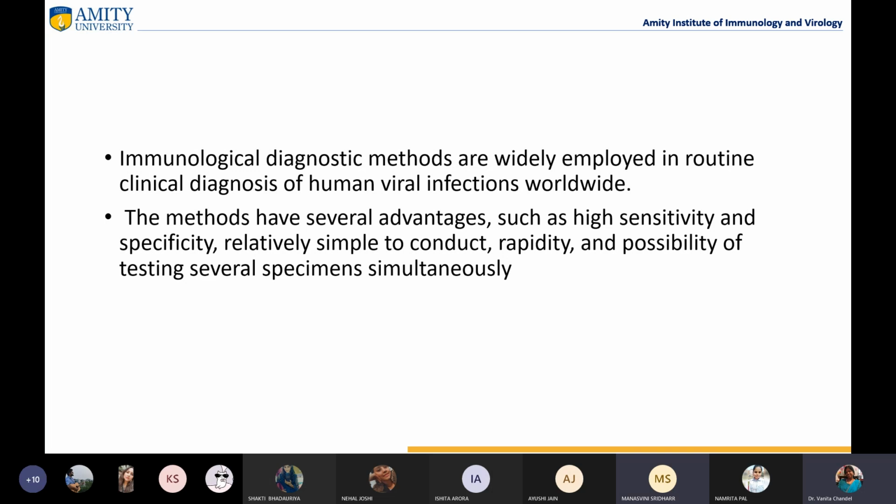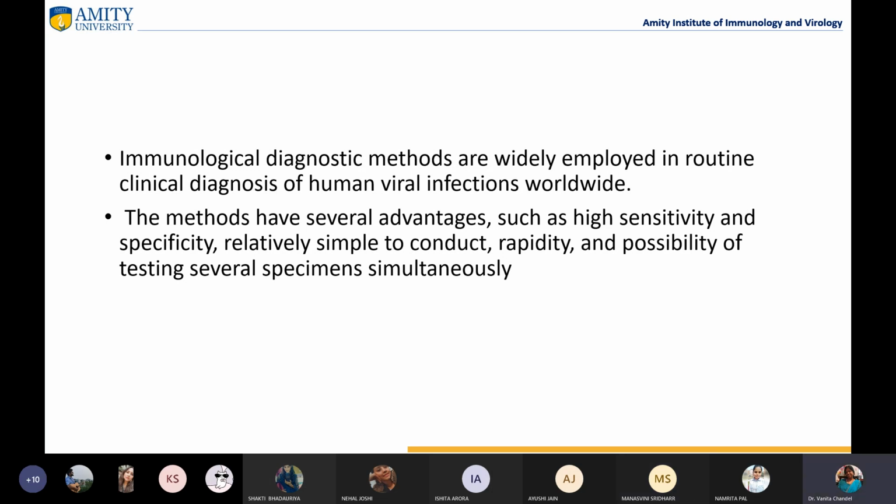Ma'am, when you say a test is specific to a particular disease, it means that it'll work only and only for that disease, and it won't detect something else. So it's specific to one particular disease. Okay. And when we talk about sensitivity, what does that mean? Ma'am, I'm not sure. Yes, anyone else?